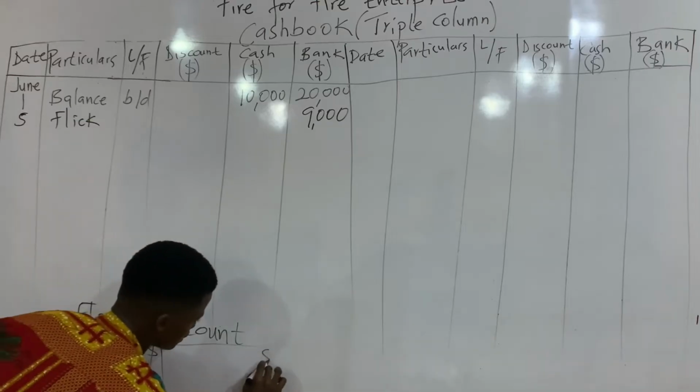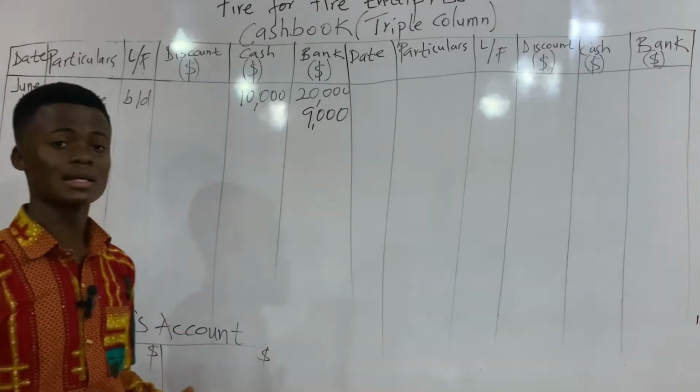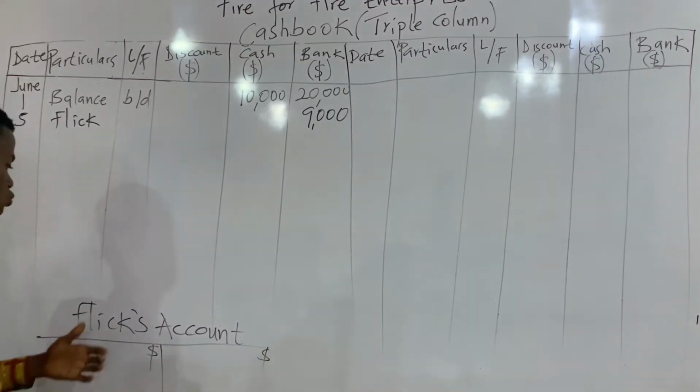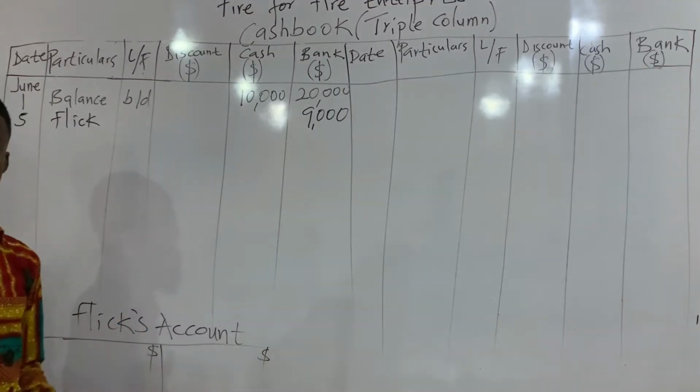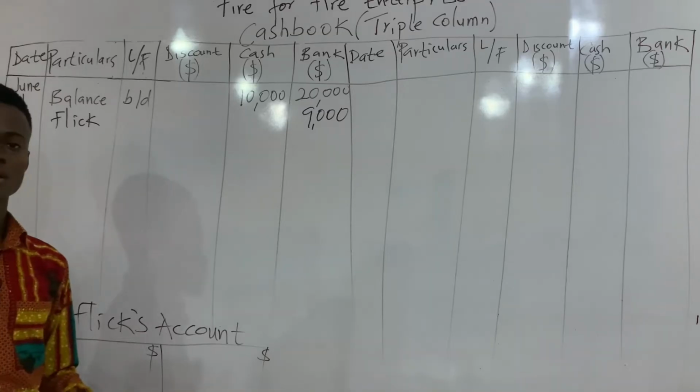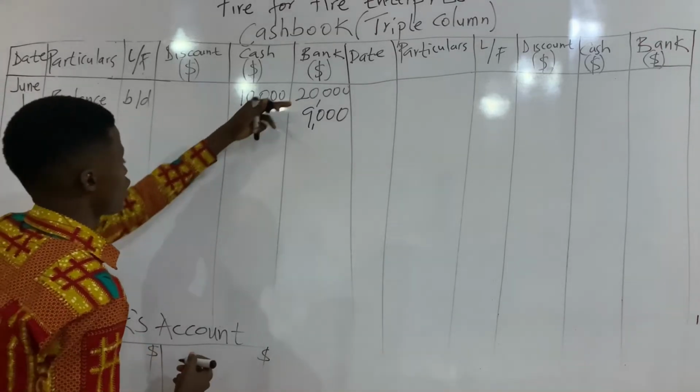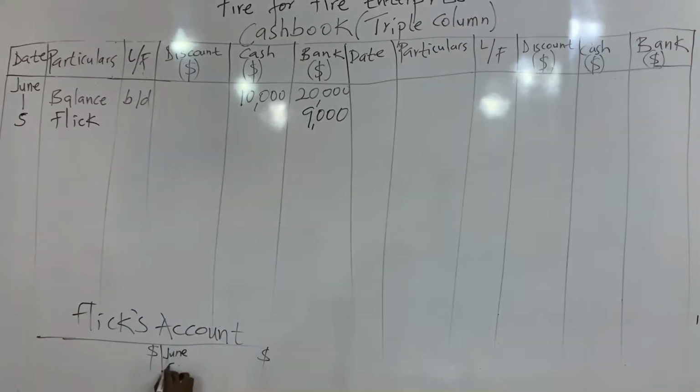These are currency signs. Since Flake is the one that paid the amount to us, it means Flake is the giver. So we need to credit Flake account, because the rule says that we should debit the receiver and credit the giver. So we will credit Flake amount in the name of bank. So on June 5th, bank, $9,000.